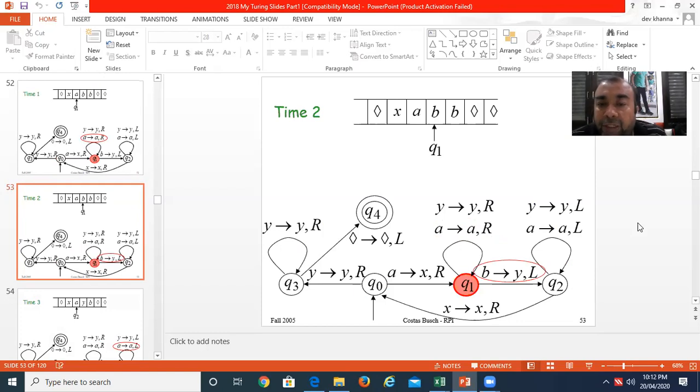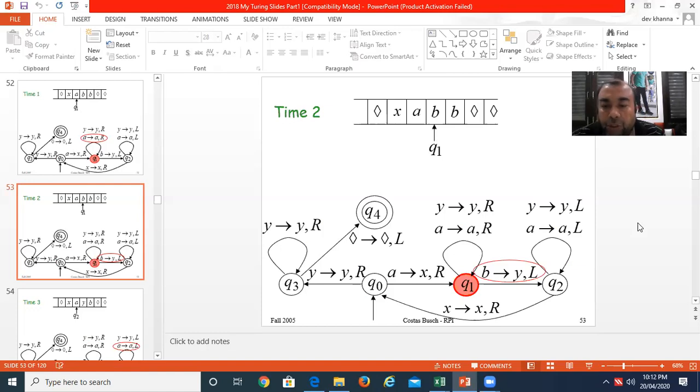It means after completion of A, if you meet Y, at least one B is converted into Y. But here, none of the B has been converted into Y. That is why as soon as the A's get completed, you meet B. And this Y will come in the next point.